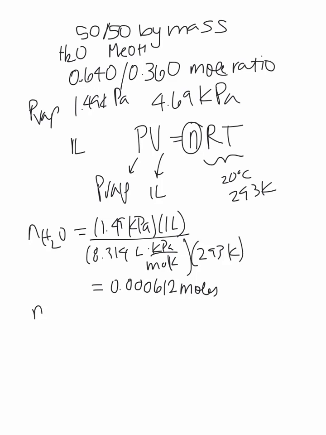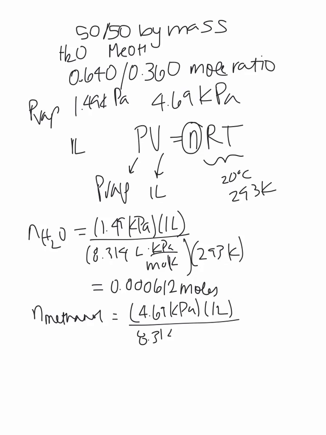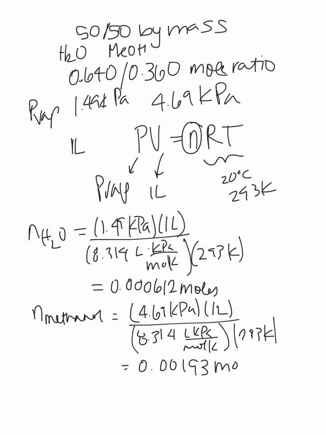Now let's solve for our moles of methanol. Our moles of methanol would be equal to 4.69 kilopascals times 1 liter divided by 8.314 liters kilopascals over moles Kelvin times 293 Kelvin, and that would give us a value of 0.00193 moles.